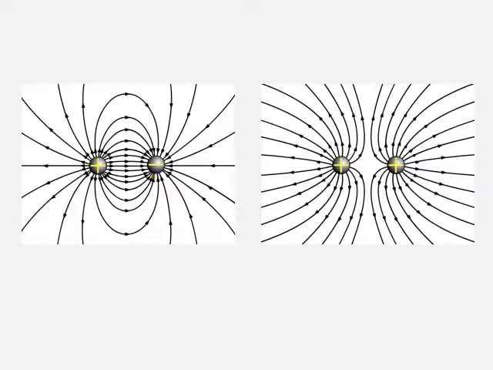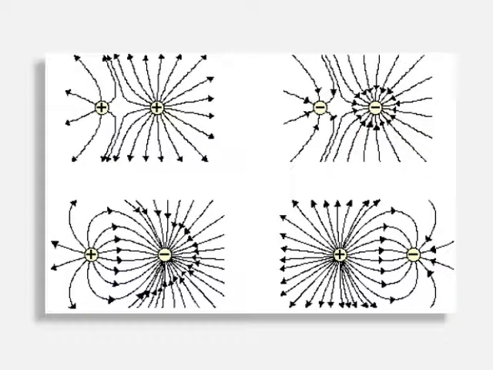But what if the system has two charges which are not equal in magnitude? You can always have a situation in which the positive charge is bigger than the negative charge, or out of two positive charges one is larger than the other. So how do we represent the electric field for such a system?